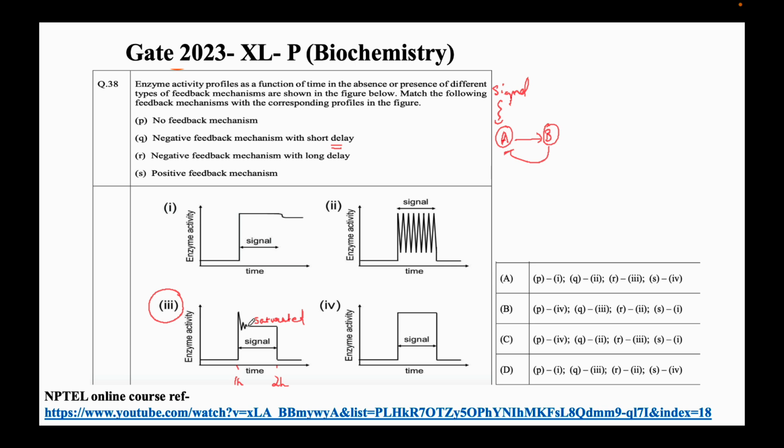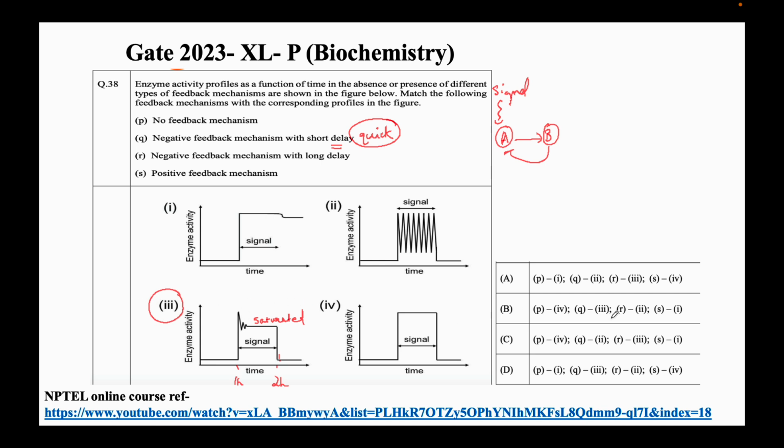The enzyme activity is decreasing because the feedback inhibition is a short delay and it is a quick response, right? The short delay means it has a quick response, and hence it is getting saturated over a period of the signal strength, and then finally it is going down.